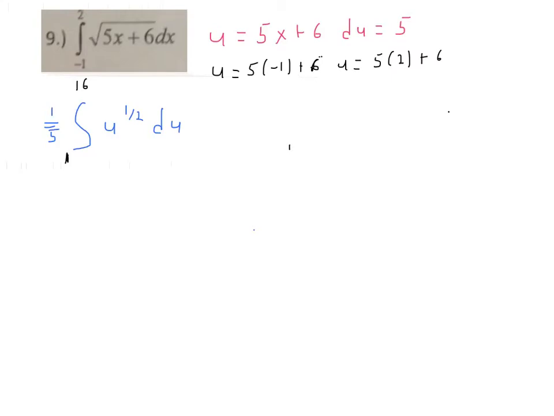Now I think that we're getting pretty good at taking the antiderivative of u to the 1/2. But when we add 1 to this, and I really think it's helpful to add 1, so when we write 1 as 2 over 2, we can see that we have u to the 3/2, and then if we divide by 3/2, that's the same as multiplying by 2/3.